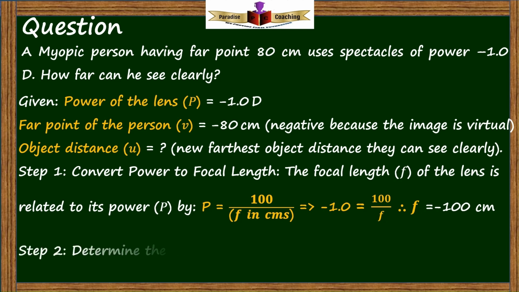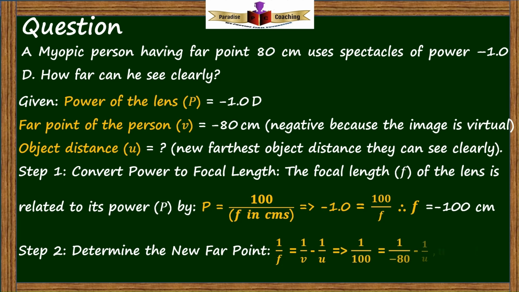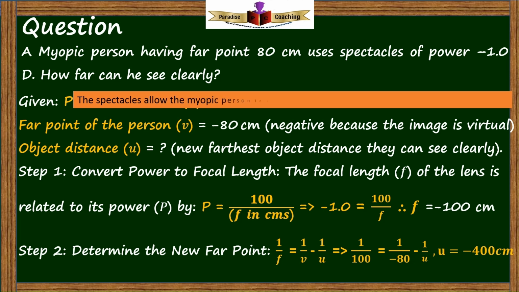Then using V equals minus 80 centimeters, let's calculate the object distance using the lens formula. U is calculated as minus 400 centimeters. The spectacles allow the myopic person to see distant objects clearly up to 400 centimeters, i.e. 4 meters.